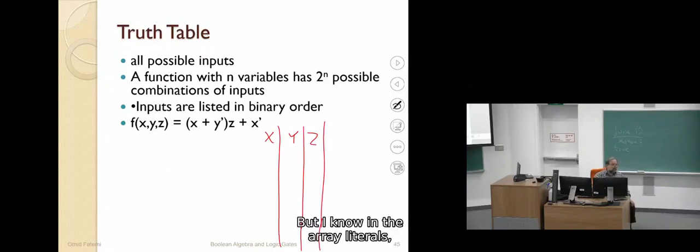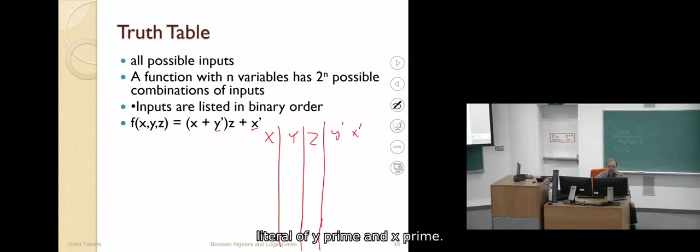But I know in our literals, I have y prime and x prime, so let me also have y prime and x prime here. When you do more practice, then you don't need to write this. You just do it in your mind. But now I am writing, because I have the literals y prime and also x prime, I also include those in my truth table.